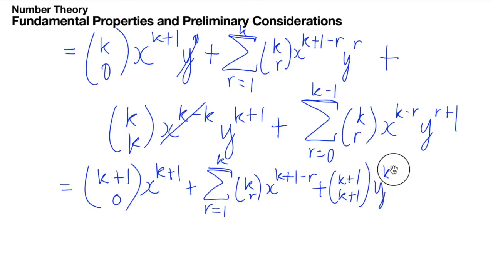y times y plus k plus 1. Okay, and then we're going to copy this summation. And what we're going to do in this step is to adjust the terms here in such a way that it will end in k instead of k minus 1, because we lack 1 k here.